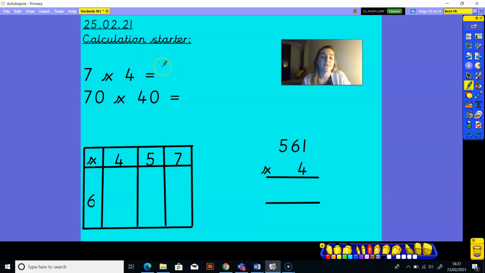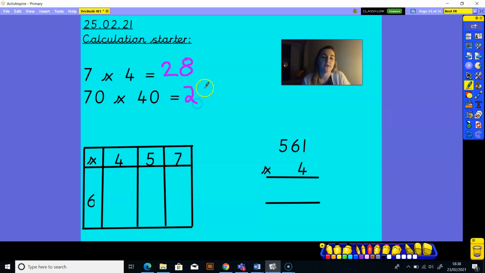So 7 times 4, so I need my 7 times table knowledge here. I know that 7 times 4 is equal to 28. That's done, easy peasy. Now I've got 70 times 40 here, so that looks a little bit harder, but I can use my knowledge knowing that 7 times 4 is equal to 28.